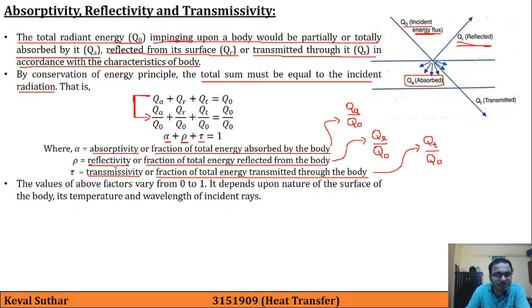As these are ratios, the values of above factors may vary from 0 to 1. It depends upon the nature of surface of body, that is whether it is rough or smooth, its temperature and wavelength of incident rays.